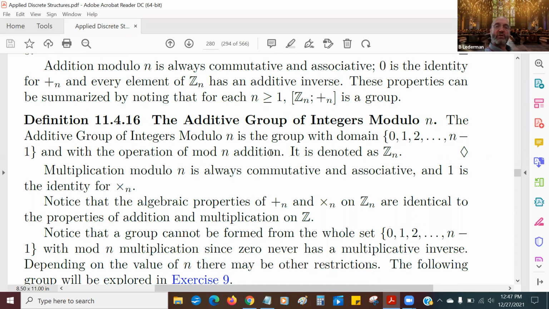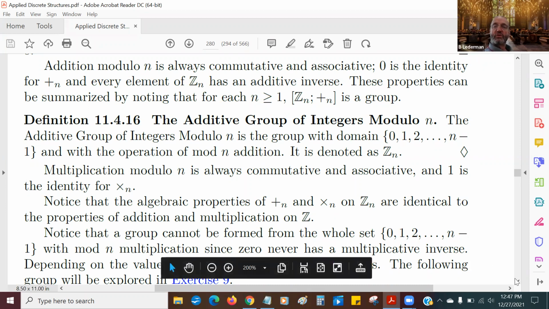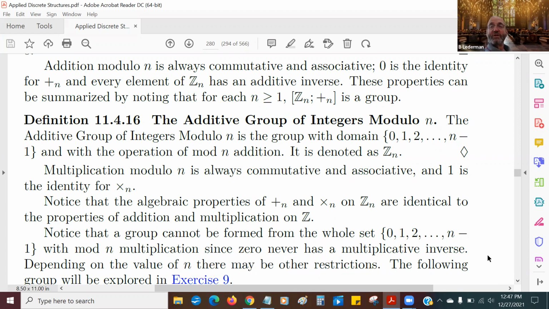But what about modular multiplication? Will that form a group? Well, that's interesting. The answer is sort of. By the way, sort of is a very funny word, because usually sort of doesn't mean that much, but sometimes sort of can have devastating consequences, like if the doctor says you're going to live, sort of.